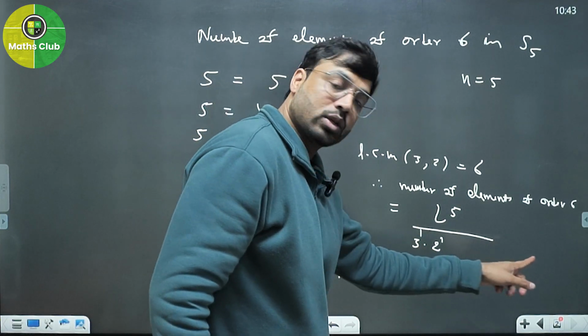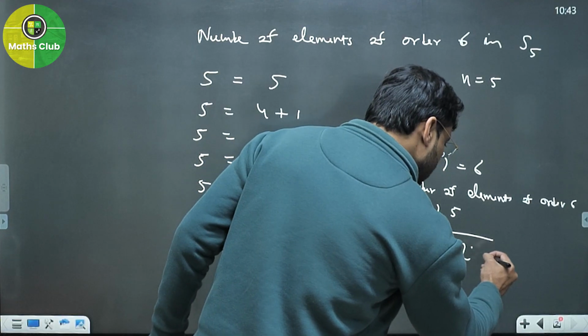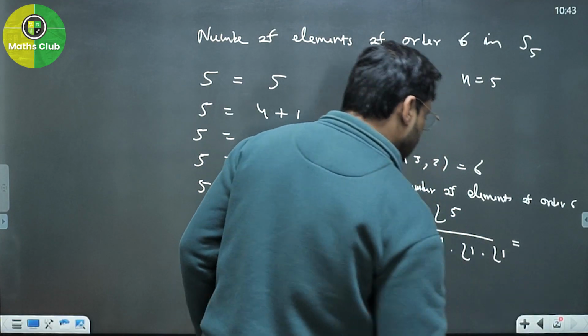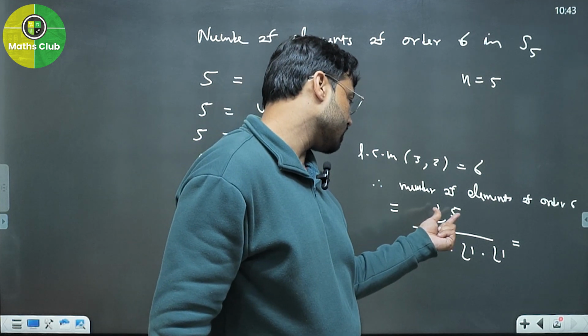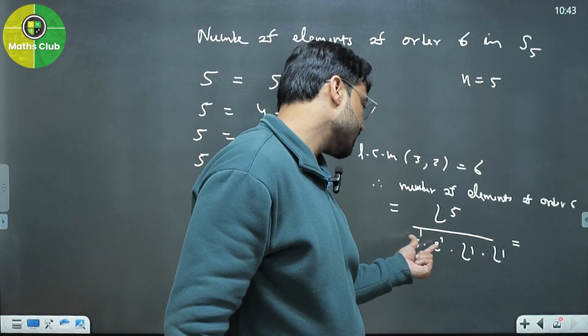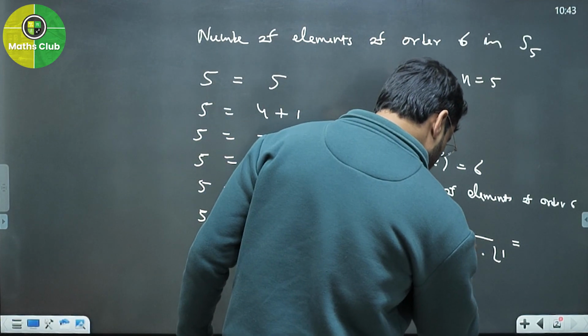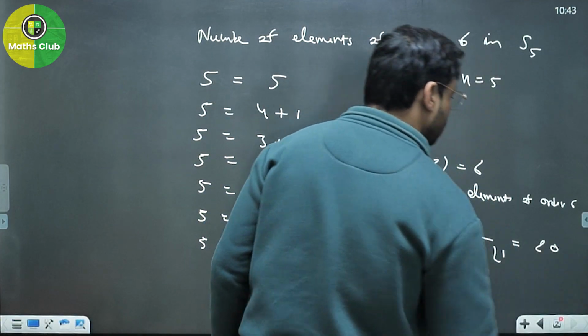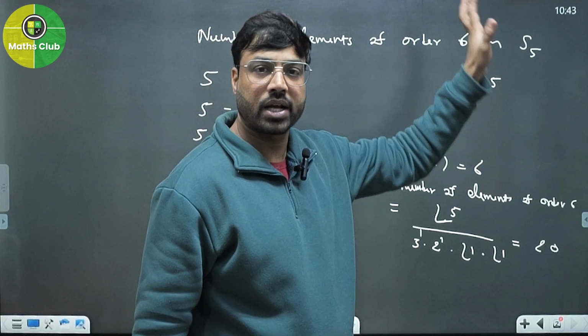That is the 1, 2, k and so on, and this is alpha 1, alpha 2. So factorial 1 into factorial 1, you can calculate it. Factorial 5, 4 and 3 and 2 will be cancelled out, and finally you get 20. So there are 20 elements of order 6 in S5.